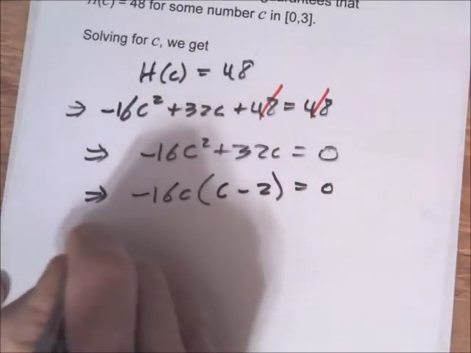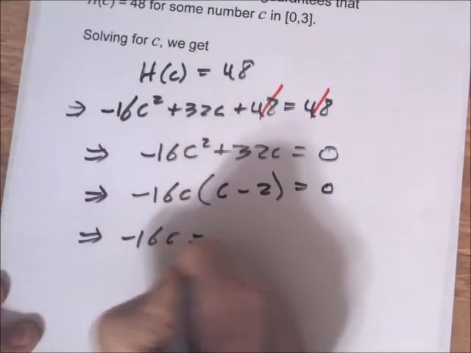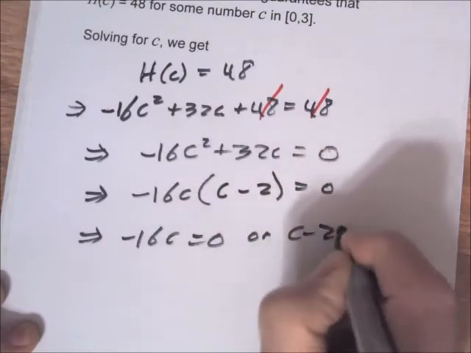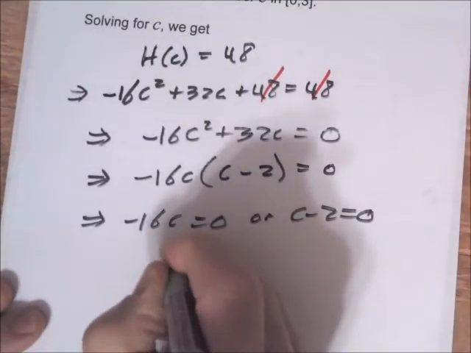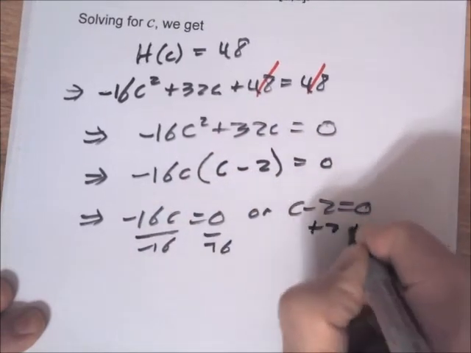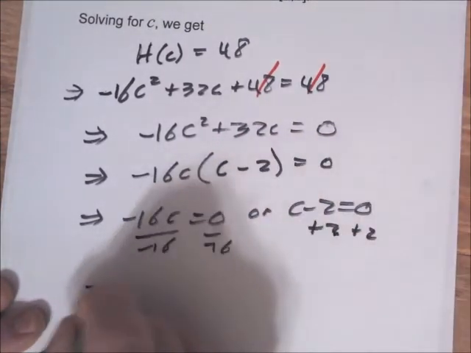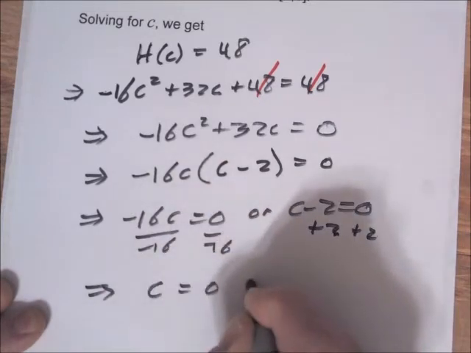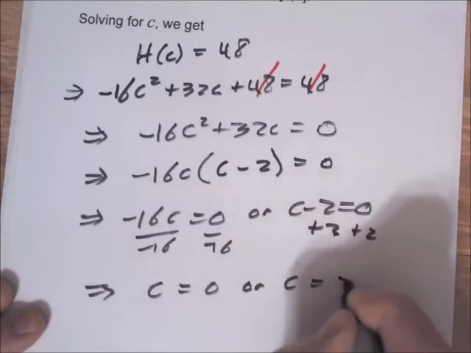Use the zero product rule: minus 16c equals 0 or c minus 2 equals 0. Divide by minus 16, add 2 to both sides, we get c equals 0 or c equals 2 seconds.